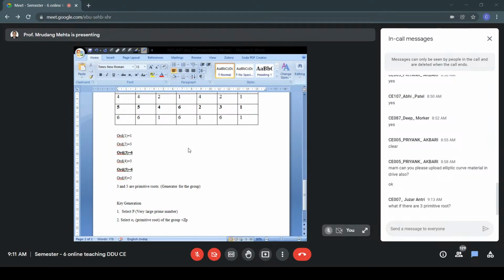ZP, the prime number which you have selected, and we have to apply it for multiplication.